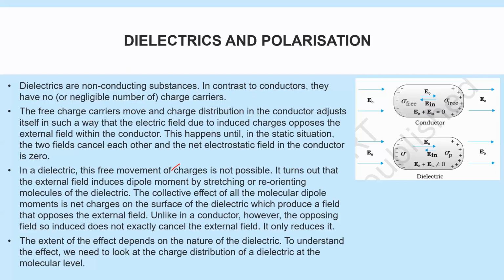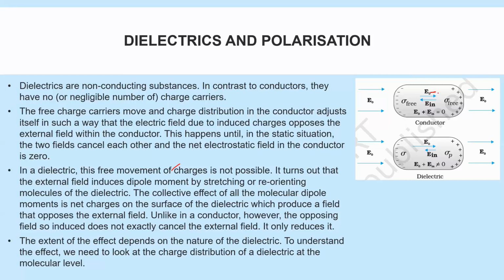In a conductor, the free charge carriers move and the charge distribution actually adjusts itself in a way that the electric field due to the induced charge opposes the external field within the conductor.